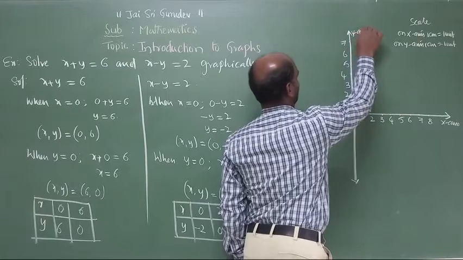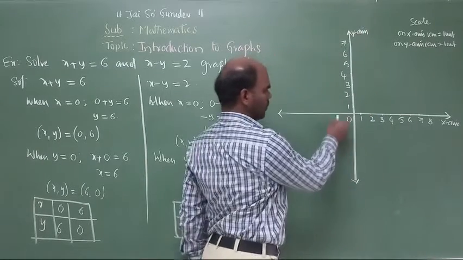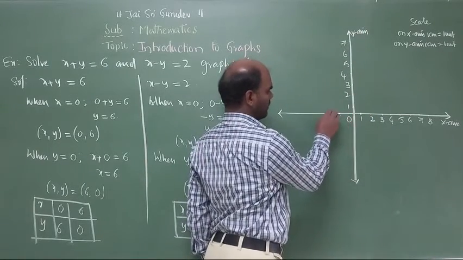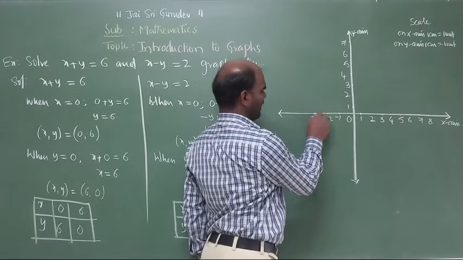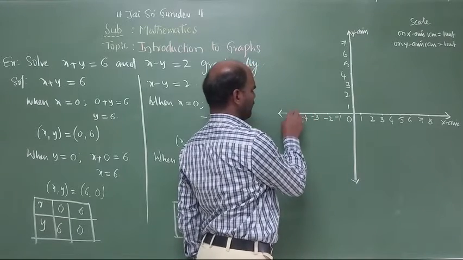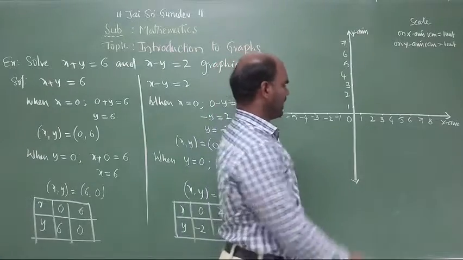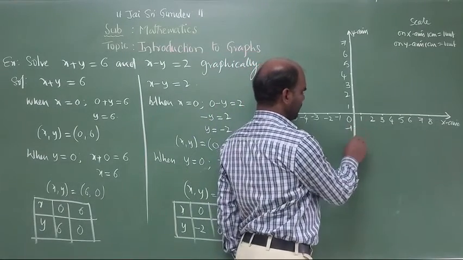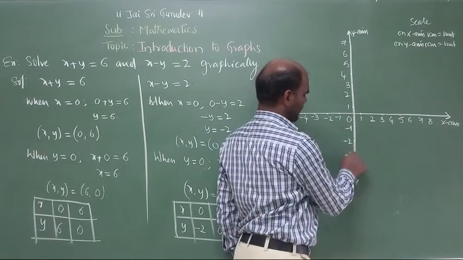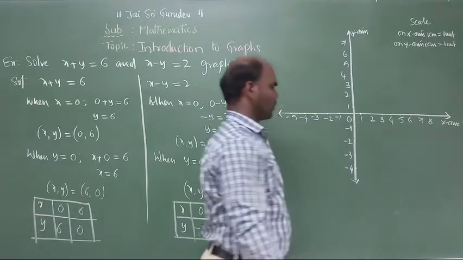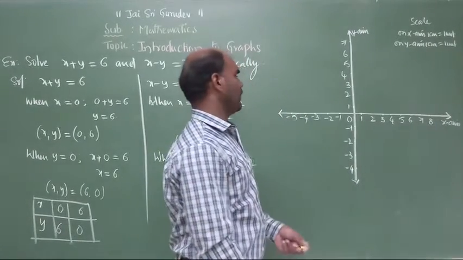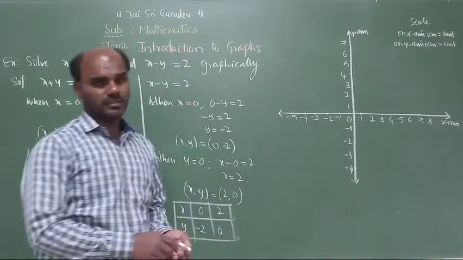On the negative side, minus 1, minus 2, minus 3, minus 4, minus 5. Next, minus 1, minus 2, minus 3, minus 4. Then after this, we have to plot these points.